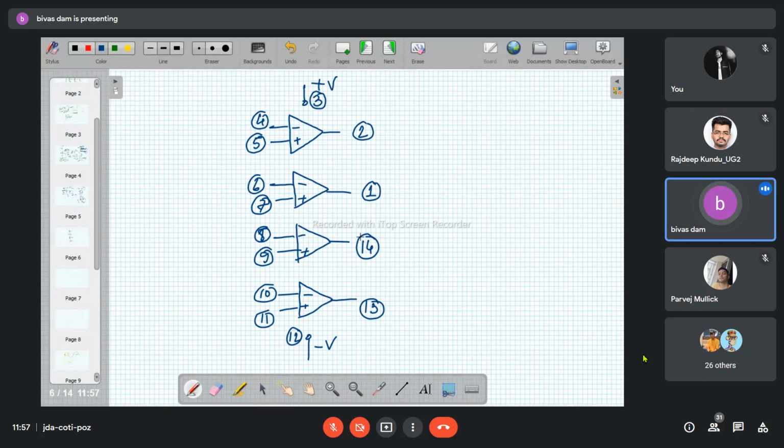It is very easy to remember. Okay, so this is the pin configuration of 324.